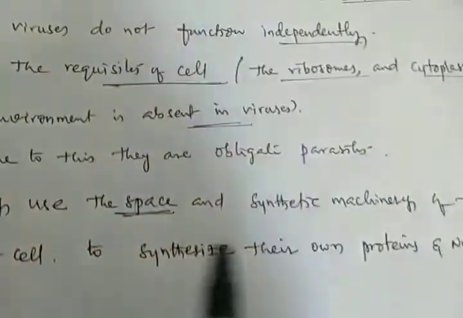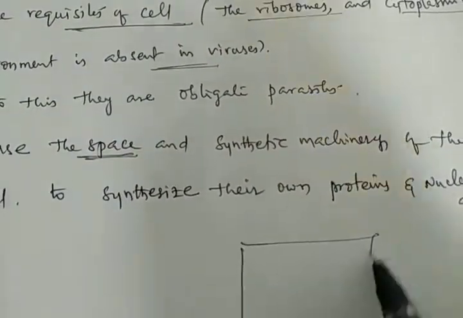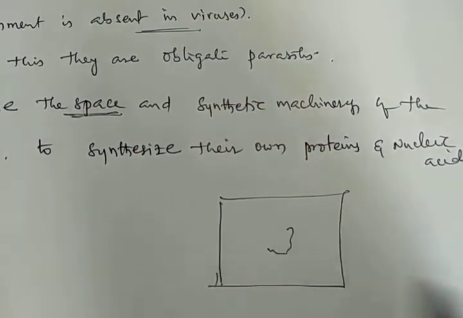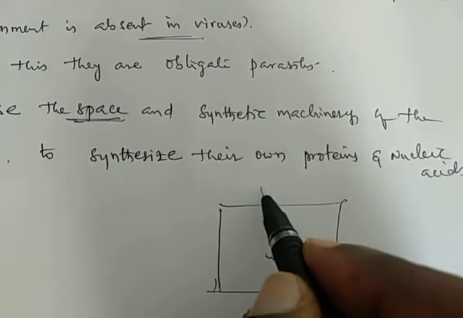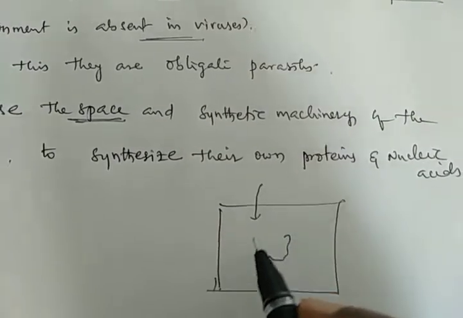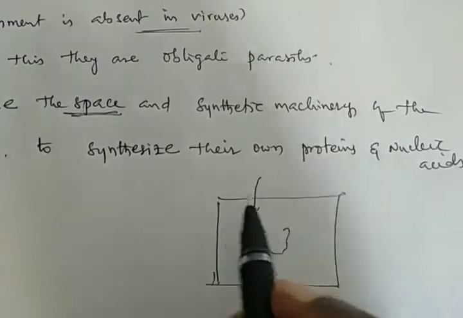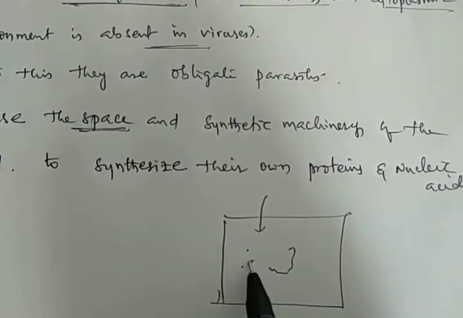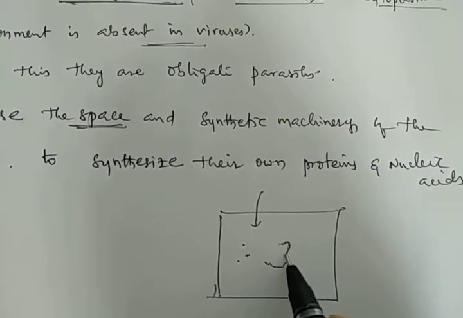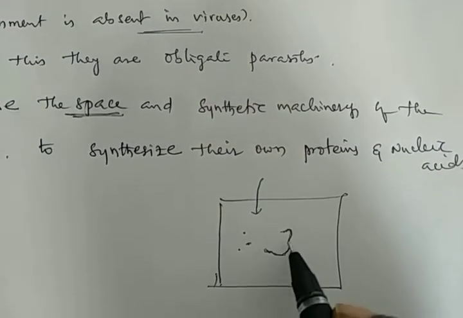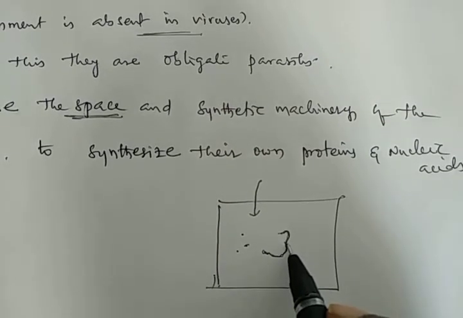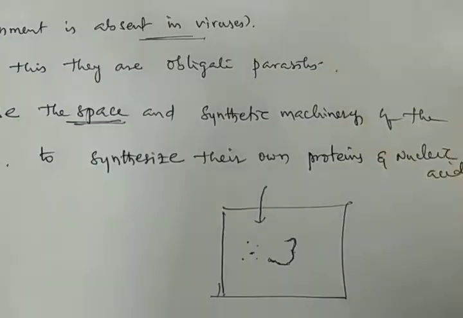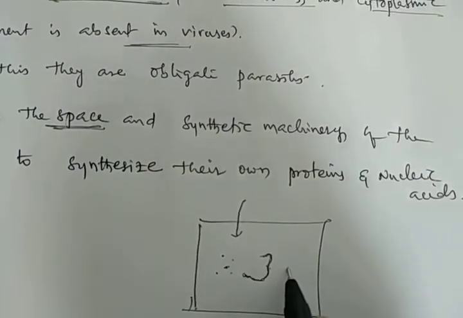For example, you take a cell, this is the host cell. Here the host DNA is present as shown. A virus particle enters into the cell. It will use the space inside the cell and the machinery. The host cell's machinery means metabolic activities controlled by the genetic material, that is DNA. It will take control of all the activities going on in the cell.